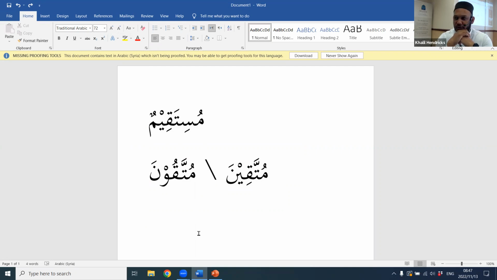I want to give you the root. Okay, I'll give you one from mustaqim, maybe because it's a bit difficult to know what the roots are.